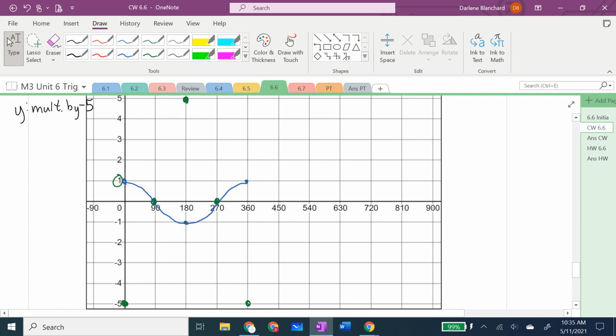That reflection over the x-axis. And you're not going to draw perfect waves.